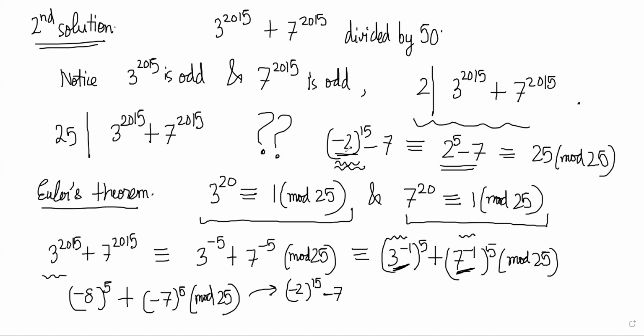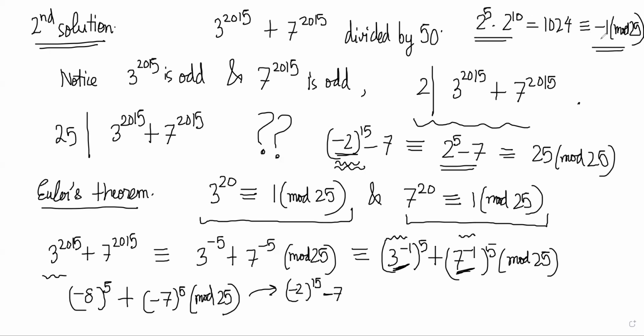2 power 10 is 1024, right? And 1024 is minus 1 mod 25. So 2 power 15 is 2 power 10 into 2 power 5.